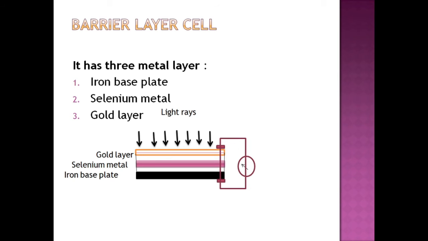This gold or silver plate acts as a secondary electrode, which is the collector electrode. This is a schematic diagram of the barrier layer cell, which has three layers: first is the base plate, second is the selenium metal plate, and third is the gold layer. These are the light rays.